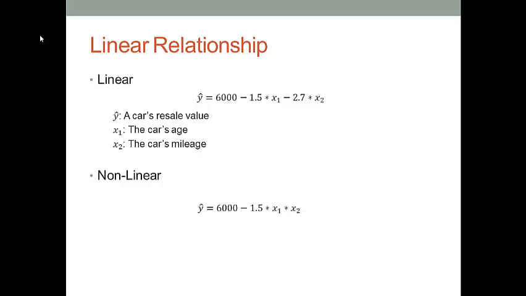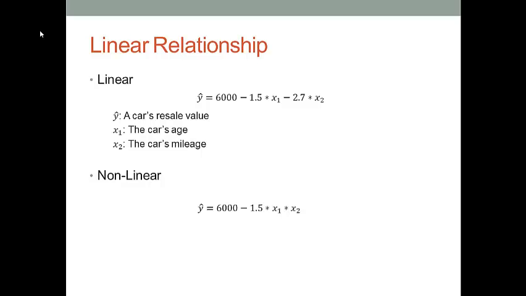Suppose we assume that a used car's resale value is dependent on two independent factors, the car's age and the car's mileage. We use x sub 1 to represent the first independent factor, the car's age. We use x sub 2 to represent the second independent factor, the car's mileage.